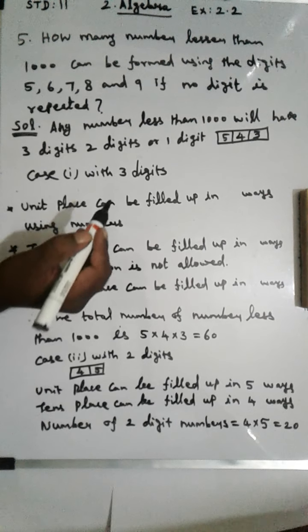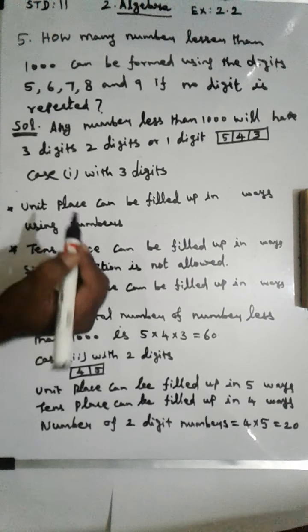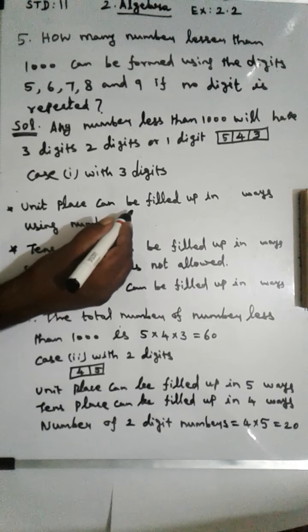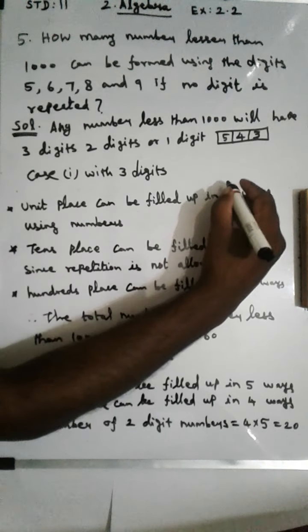Case 1: 3-digit numbers. The unit place can be filled in how many ways? 5 ways.